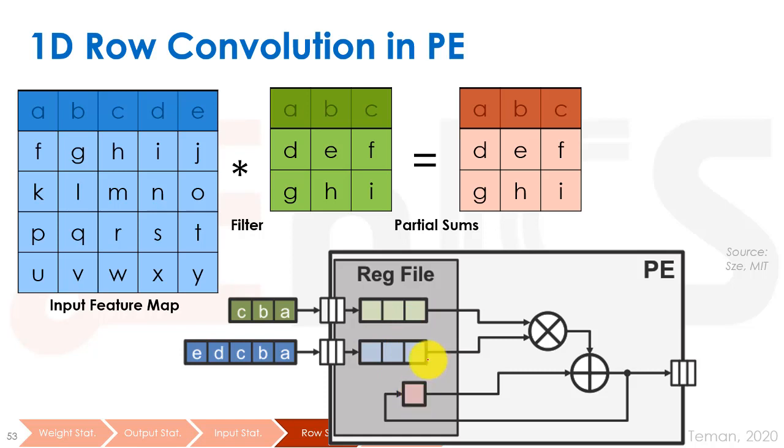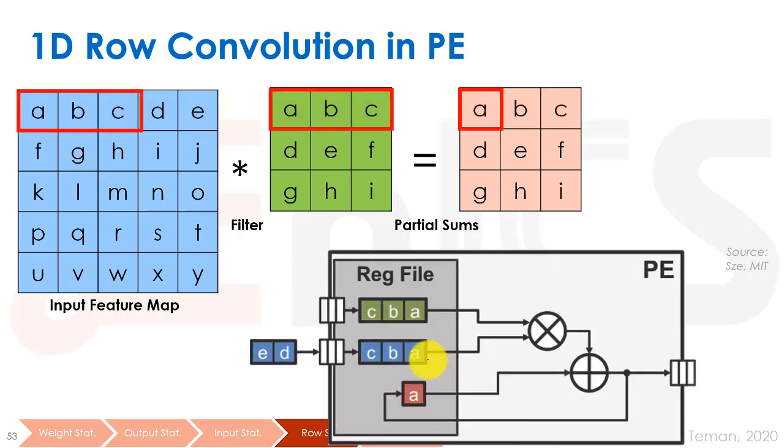So the first thing we're going to do is fill in the first 3 elements of the input and the 3 weights in this row, and we're going to accumulate the top left corner here for the partial sum. Now in our input register we have the whole row here.